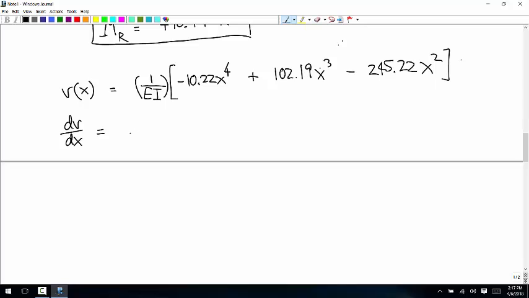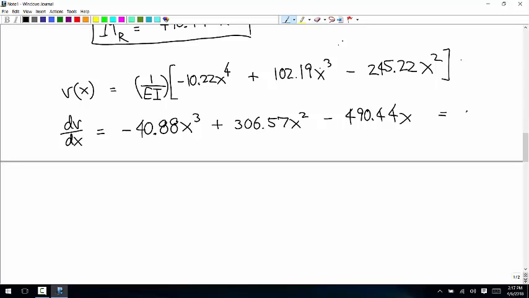So what do you get? Negative 40.88 x cubed plus 306.57 x squared minus 490.44 x.